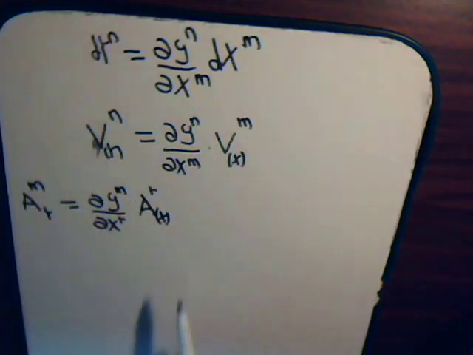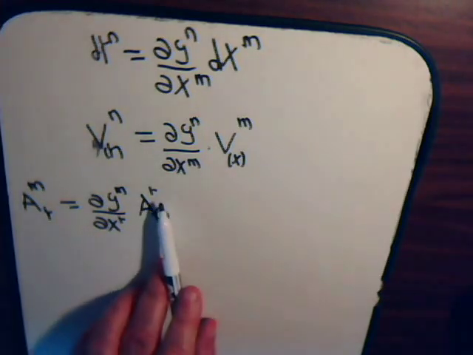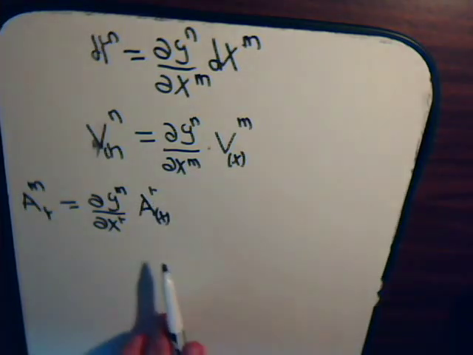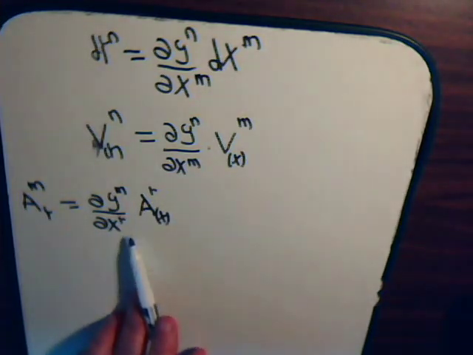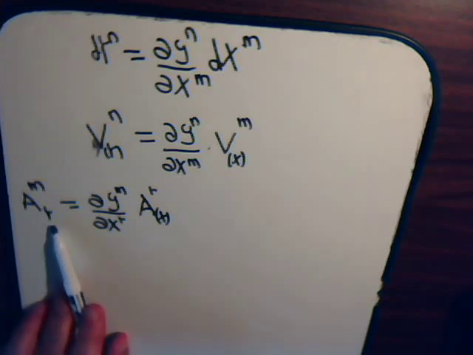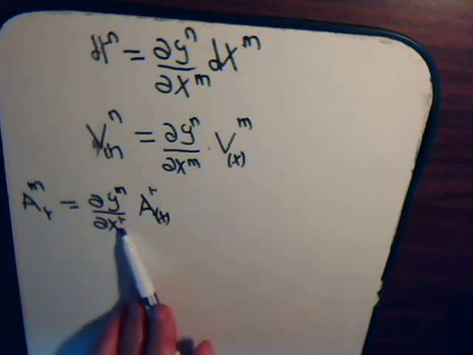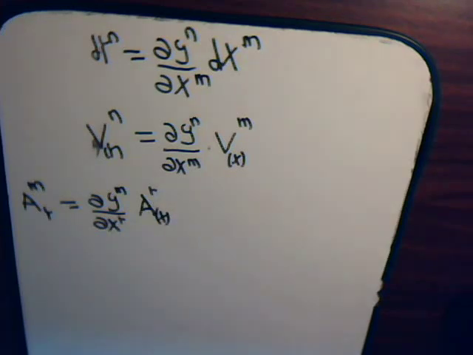Here's the vector A in the x-coordinate system. We have a particular component of it, the rth component. And again, by taking these partial derivatives, that gives us the component of the vector in the y-coordinate system. And here we have a sum over the repeating index r.